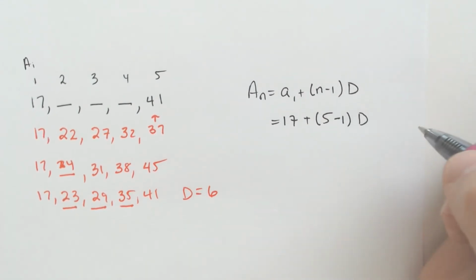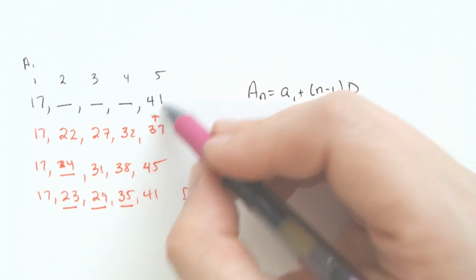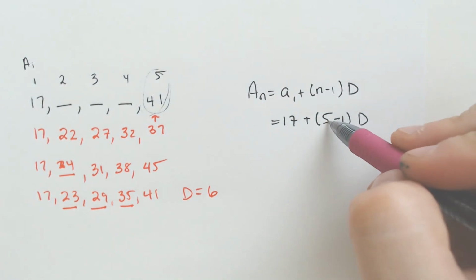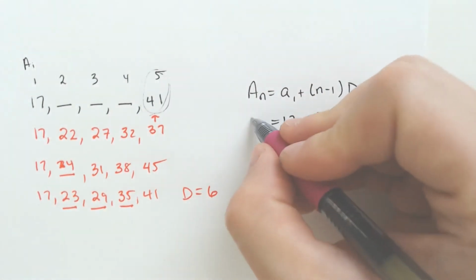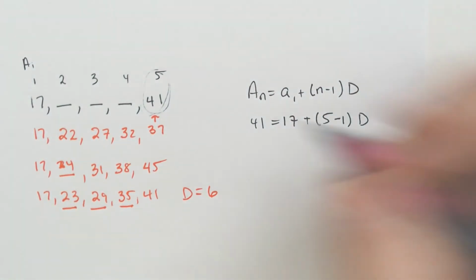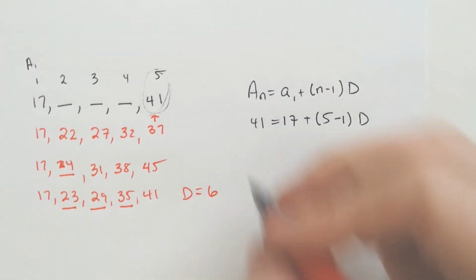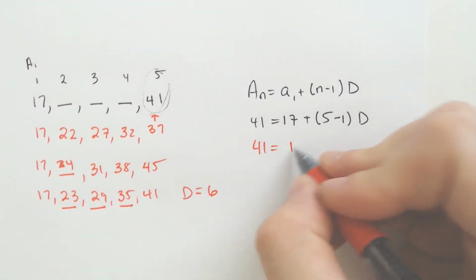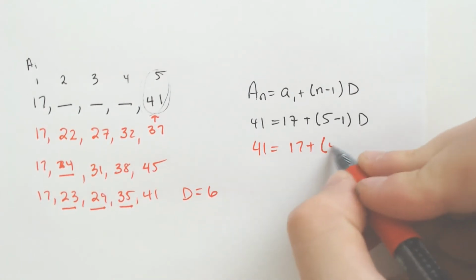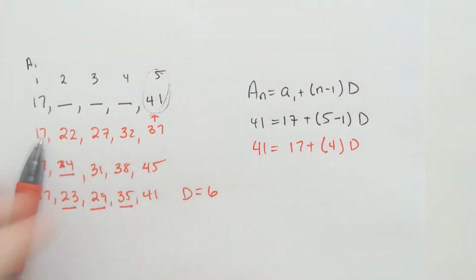And you could solve for that difference by using the idea that the 5th term, the a sub 5, the last term, is 41. And you could plug that in for an. And when you do that, you get 41 equals 17 plus 4 times d.